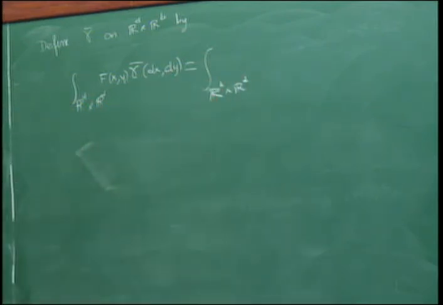So what will be the guess for gamma bar? Gamma sends mass from x to y. I want to define gamma bar, which is going to send mu1 to mu naught.